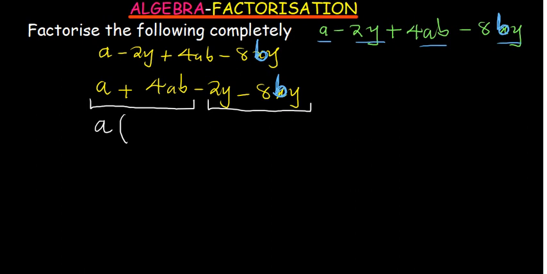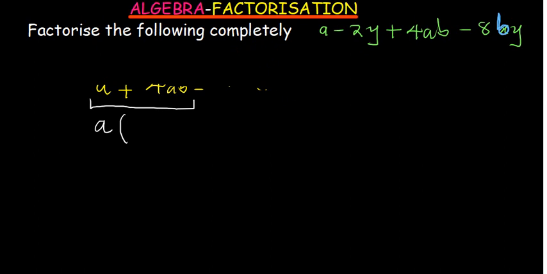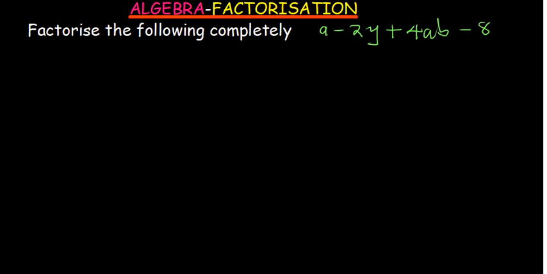So when you are getting them, you want to see how you are going to pair them. You are going to look at the common letter. Since I've changed something, let me put it properly. So we are going to write this as a minus 2y plus 4ab minus 8by.